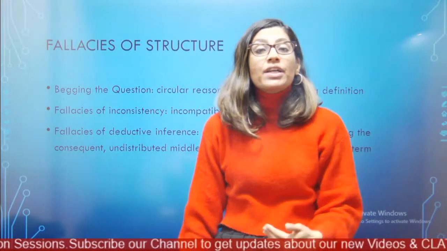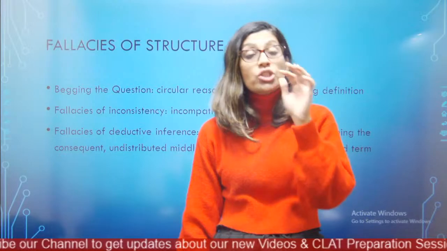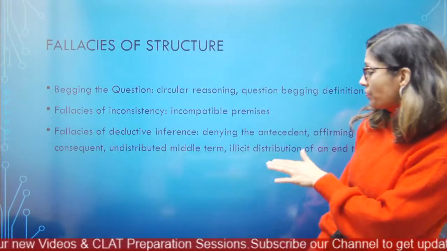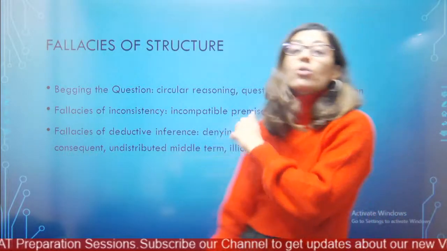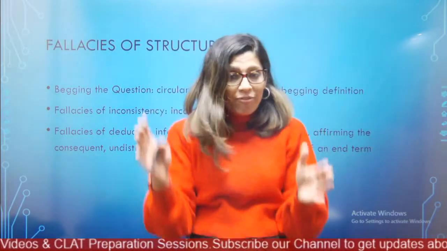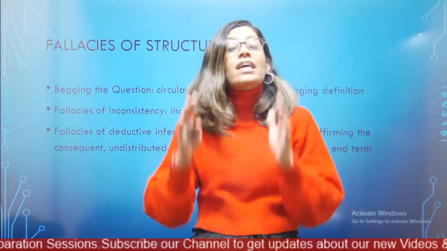So you could have a deductive logic question or a conditional logic question where there could be affirming the consequent fallacy. So it could say if P then Q, right? Q therefore P. So you have to now look for an option that does the same thing.